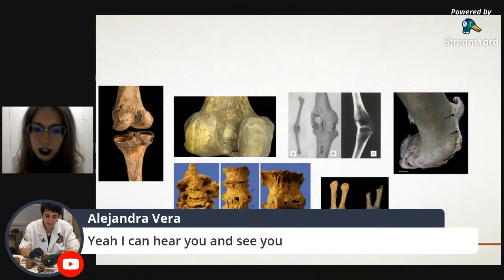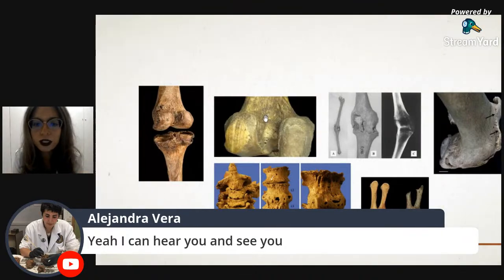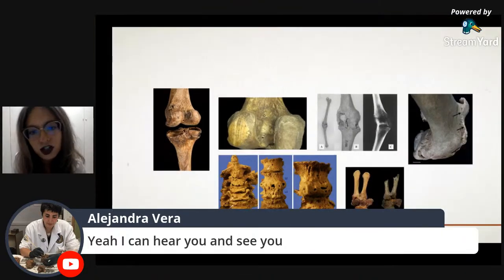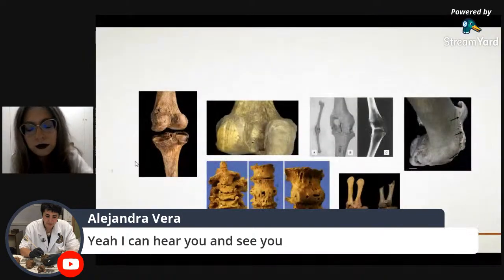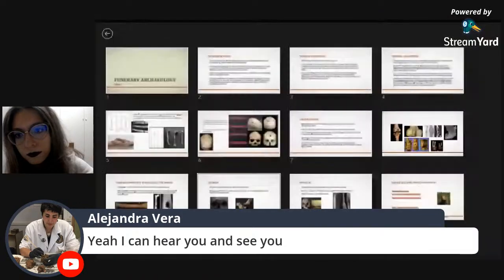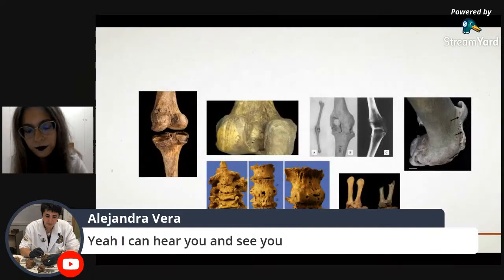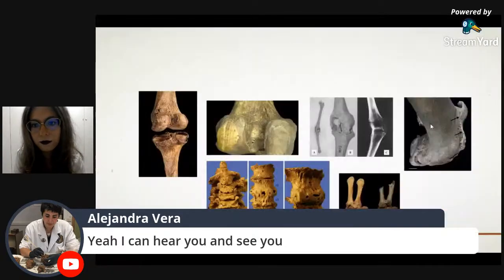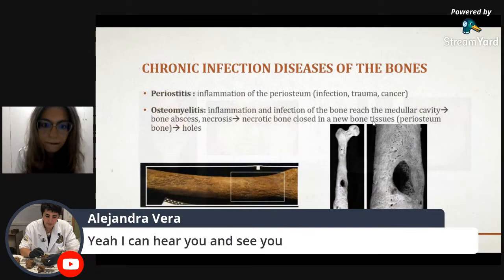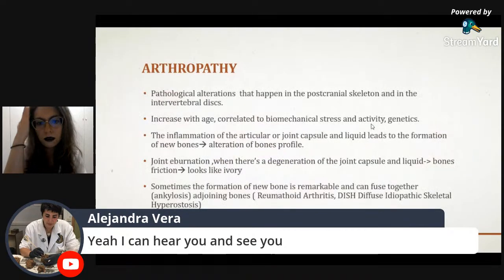This is DISH, the so-called DISH, which is a pathology that happens in the vertebrae, in the spinal tract of our skeleton.